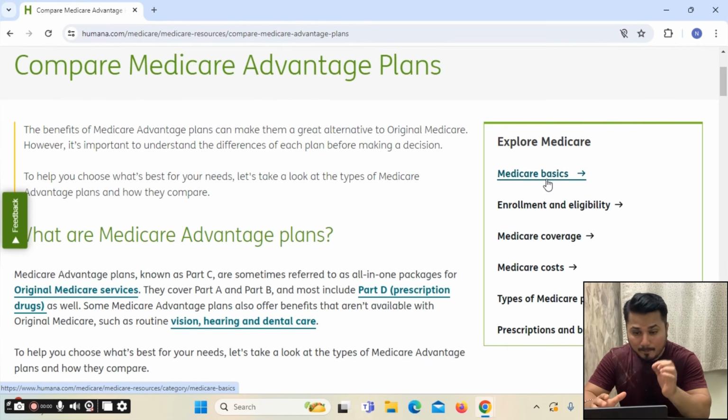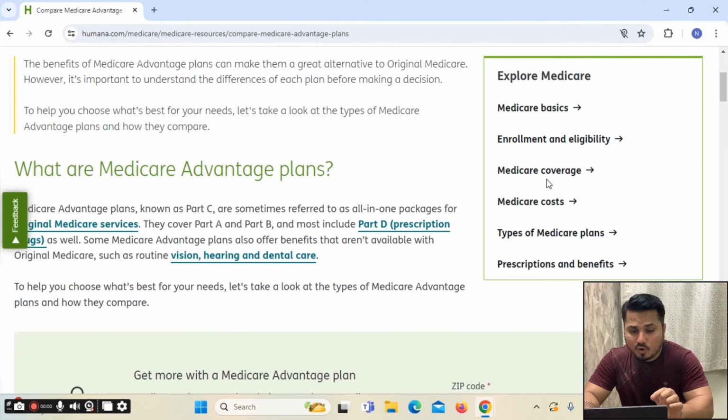All right. Compare Medicare Advantage plans, guys. So there might be many topics which we have already covered, but I will repeat them again. So don't worry, that is a revision for us. The benefits of Medicare Advantage plans can make them a great alternative to original Medicare.